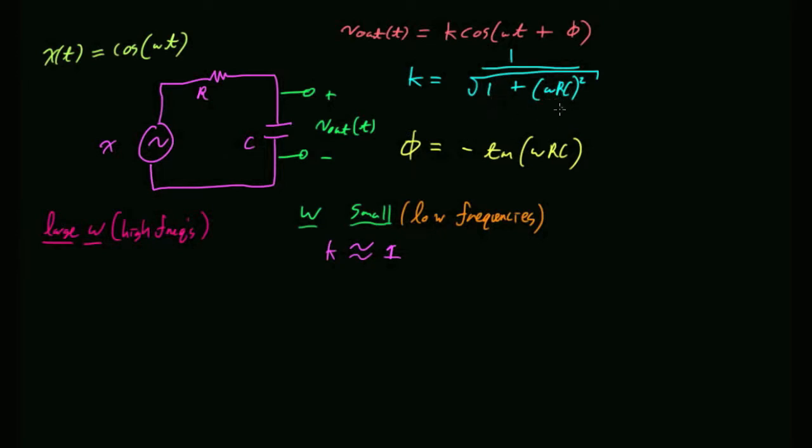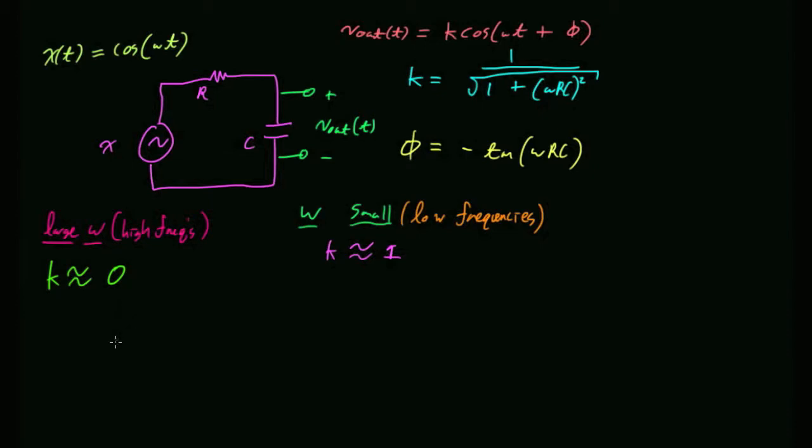So if omega is really big, you've got omega RC squared, square root. So those cancel, and now you're just left with 1 over omega RC. And if omega is really, really big, what is 1 over omega RC going to be? Really, really small. So we'll say that k, in this case, will be approximately 0, or really small.